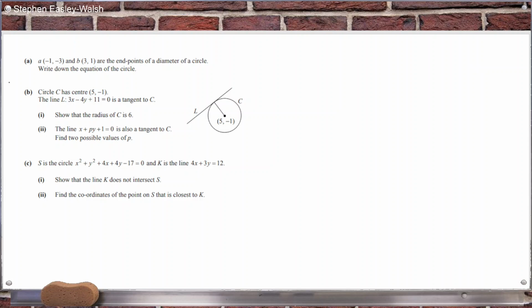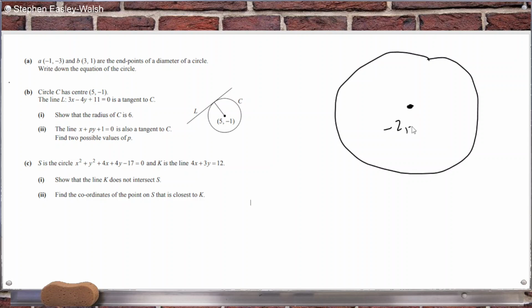Let's see. Maybe there's some other smart way to do it. Maybe a bit more geometry perhaps. So I have the line here, 4x plus 3y plus 12 minus 12 equals 0.